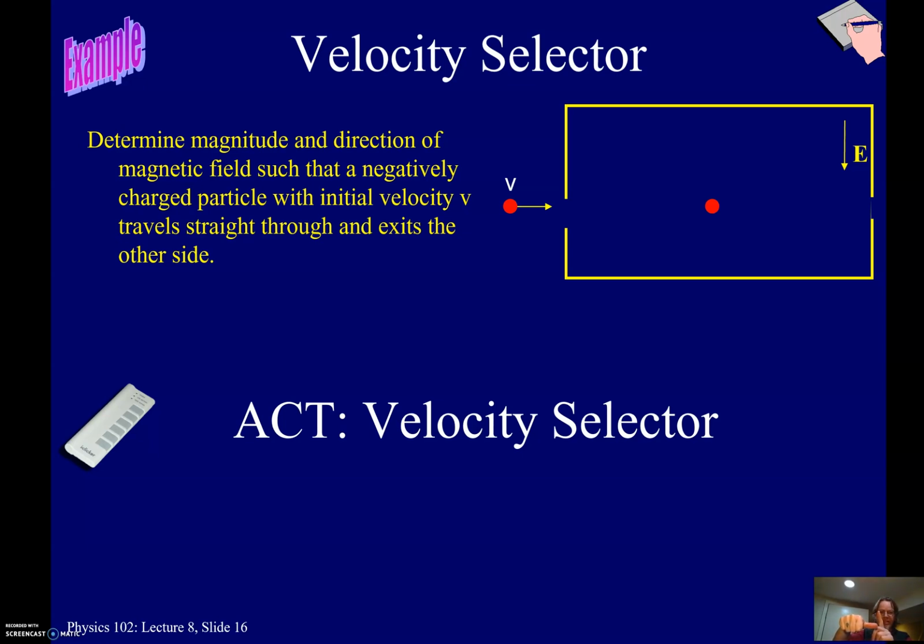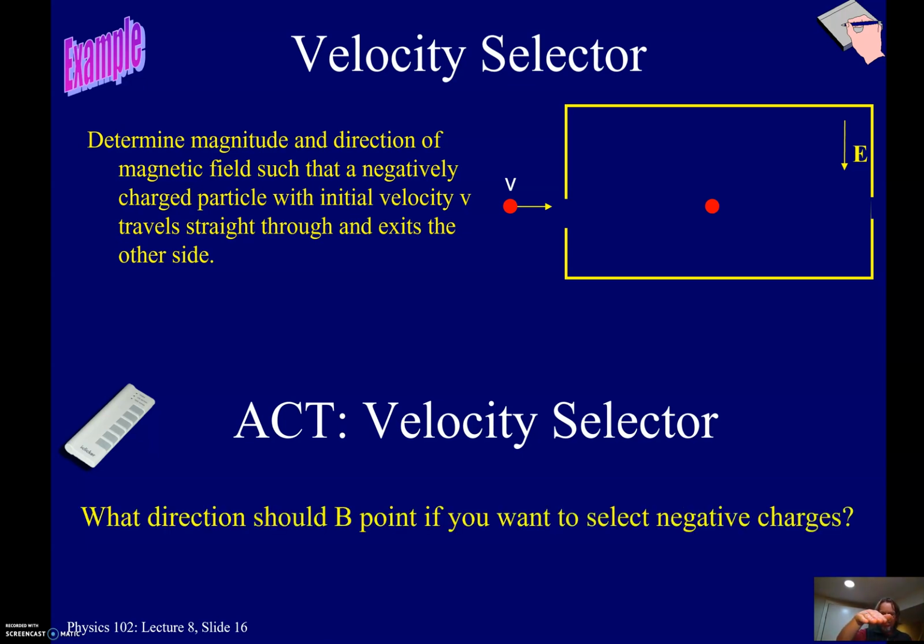So if I want to select out certain velocities, I need the magnetic force to be downward on this thing, to balance that out and make it go straight across. That means the magnetic field must be in what direction, using my left hand, to be downward?